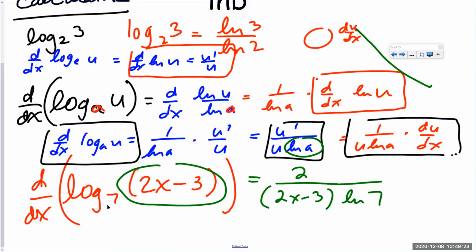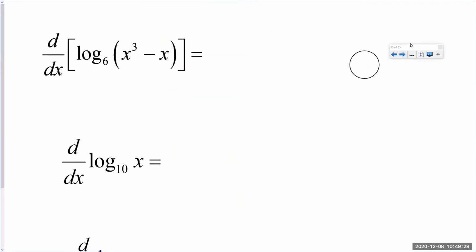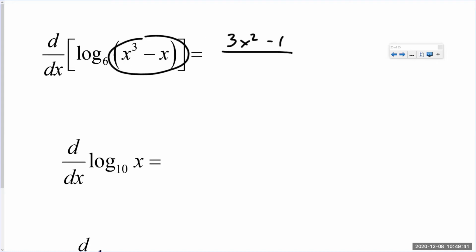Okay, everybody ready to do these problems? Again, they're not very hard. It's just hard to remember the formulas, okay? So here's another one you have to do. This is the derivative of log u. Same thing. Here's my u, okay? U prime over u. Let's do it. U prime over u. You got it? But this is a log what? 6.